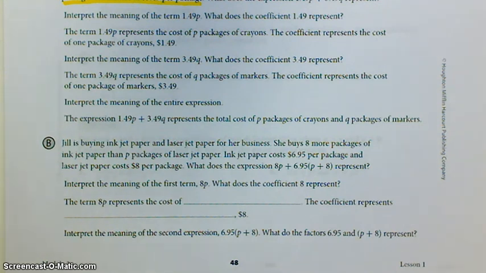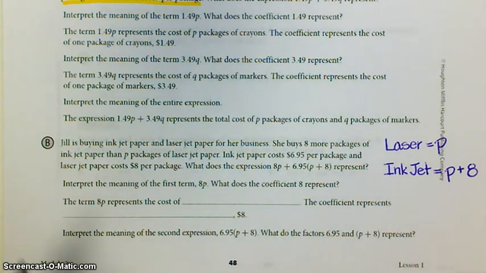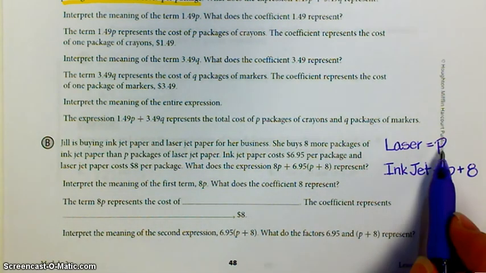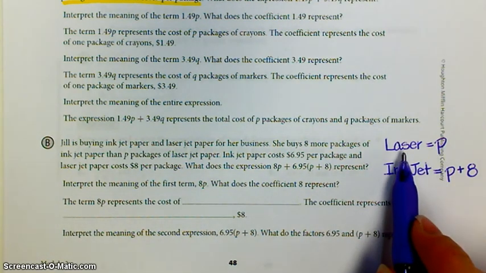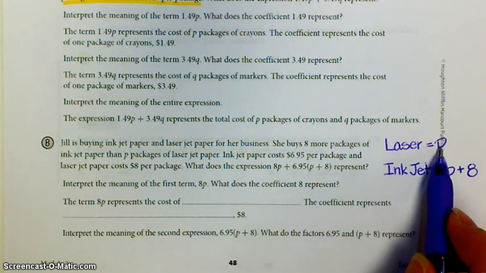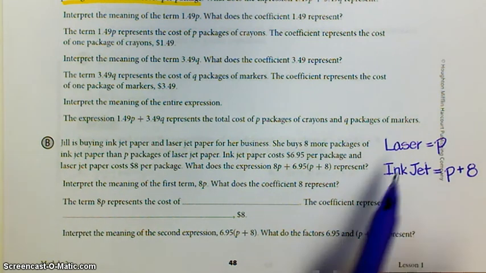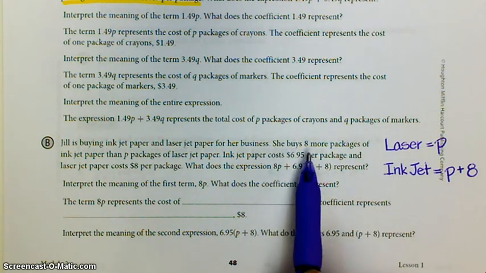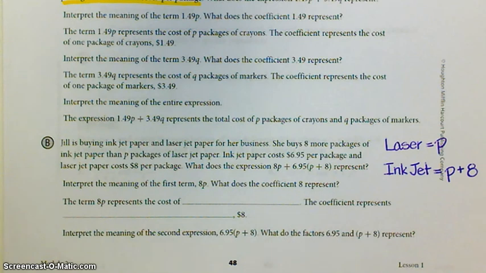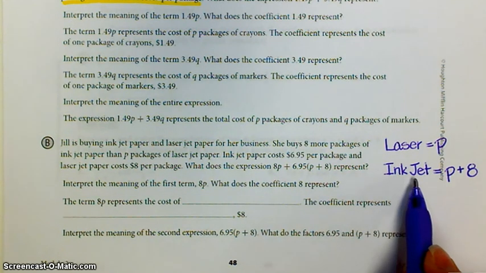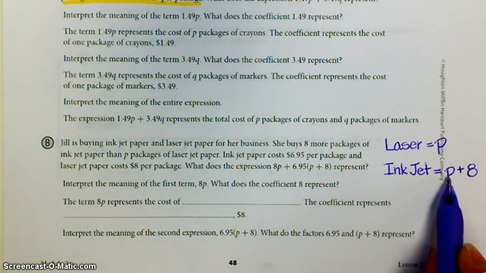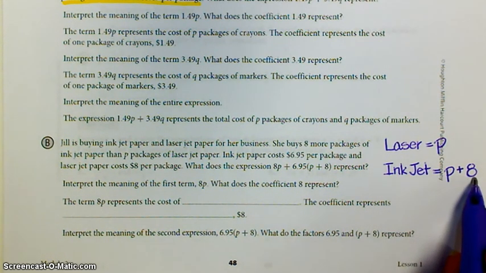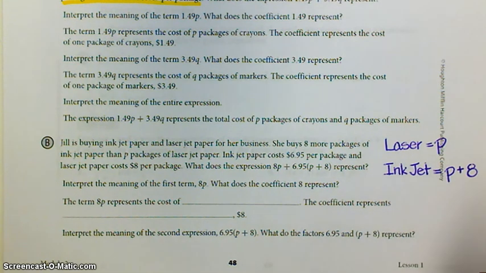So I'm going to stop right there before I go on, and I'm going to mentally write down what I just read. Okay, so when I read it carefully, P represents the number of packages of laserjet paper. So I'm just going to say P is equal to laserjet paper. And then it also says that she buys 8 more packages of inkjet paper than she bought of laser paper. So the inkjet paper is the number of packages of laser plus 8, because she's got 8 more inkjet packages than she does laser packages.